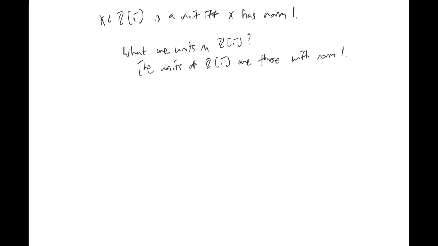That's the answer. So what I did before was okay. So the first step, what would the first step be? Check those with norm bigger than 1 are not units, right? Everyone, do you follow?